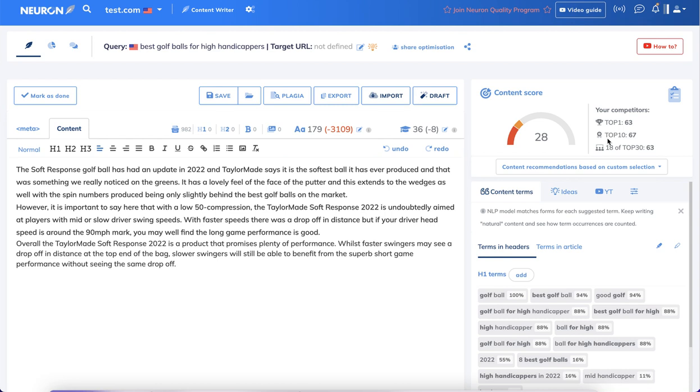And how the readability score is measured. There are two main factors on the content readability factor level. The first one is how easy it is to read, to find the words, the sentences, the paragraphs. So it's more or less how easy it is to get the content into your brain.